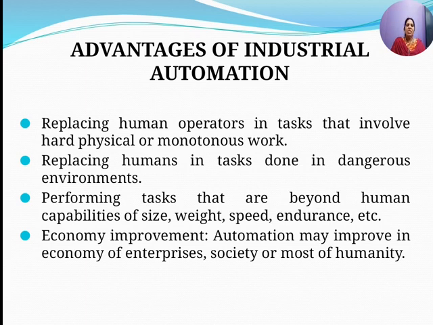In those areas, humans are replaced by automation. And then performing tasks that are beyond human capabilities of size, weight, speed and endurance. And economy improvement. They help in improving the economy of the enterprise or the society or most of humanity.